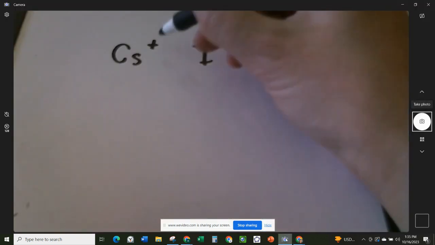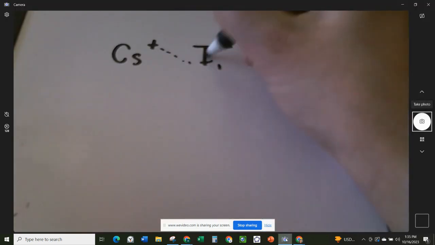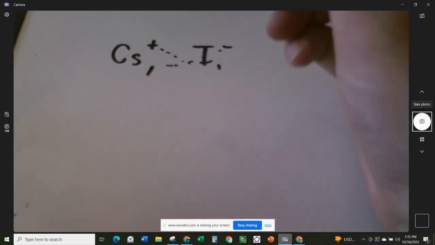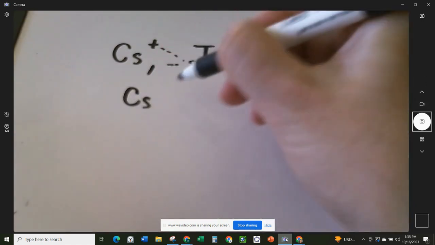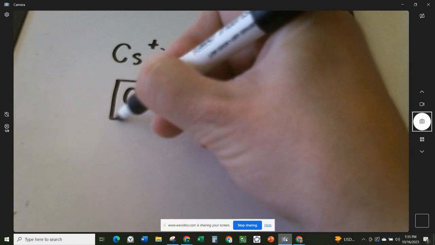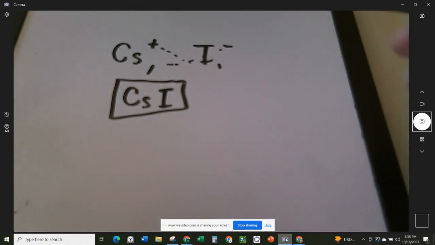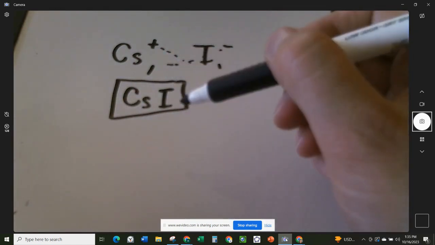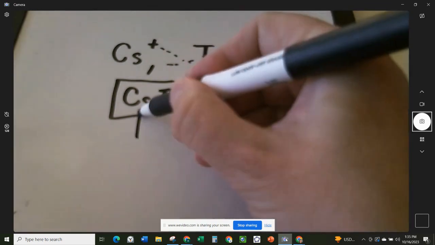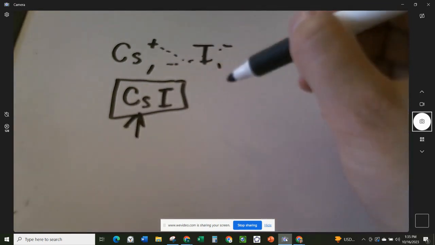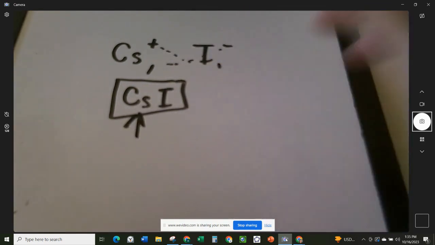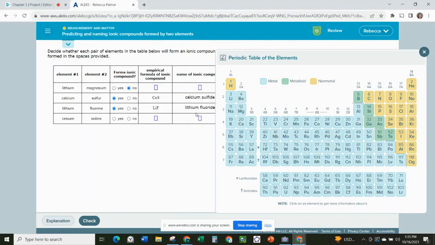So we just crisscross our charges. They're both 1 and 1, so we just need one of each to have the balanced ionic compound formula, the empirical formula. Just 1 cesium for 1 iodine. The metal goes first, or the cation goes first. And then our name is cesium, that's the metal name, because we have a metal and a non-metal.